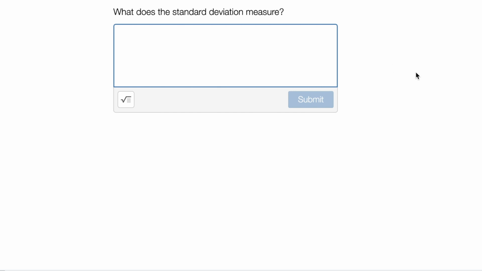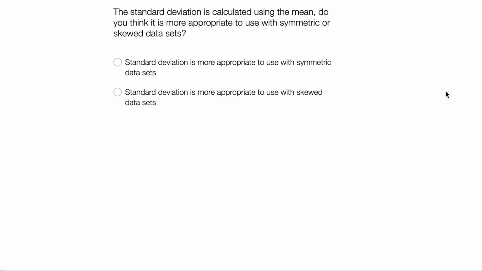Okay, what does the standard deviation measure? We talked about this all through this lesson also, so I want you to type what the standard deviation measures. All right, the standard deviation is calculated, and you can pause if you need to keep typing there. It's calculated using the mean. Do you think it is more appropriate to use with symmetric or skewed data sets?